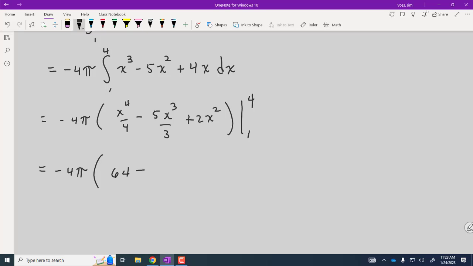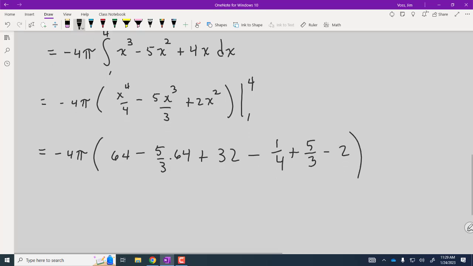Plug in the 4 here. 4 times 4 times 4 again. 16 times 4 is 64. Maybe I'm just going to leave that as a 64 for a minute. And then 16 times 2 is 32. We've got that. And then we subtract off the antiderivative at 1, so we're going to subtract off a quarter. We're going to add a 5/3. We're going to subtract off a 2.